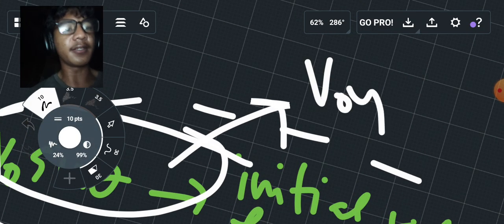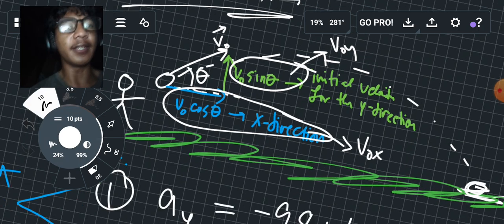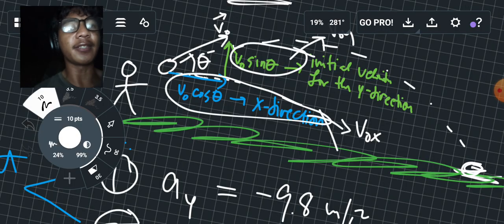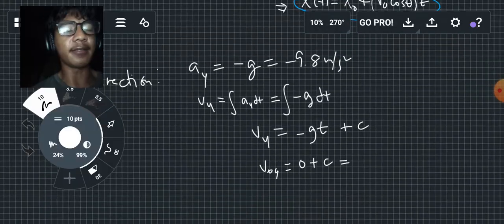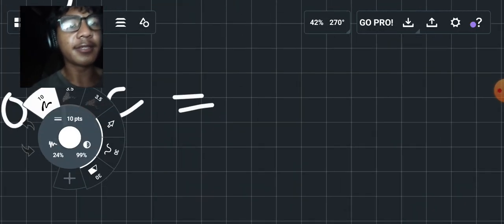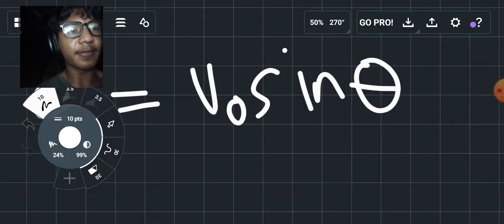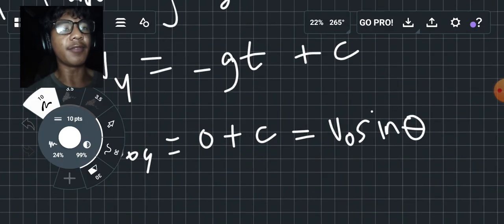So this is v naught y, the y component of the initial velocity vector. So we plug that back in.